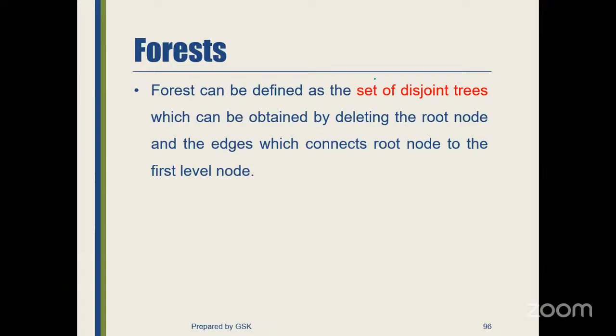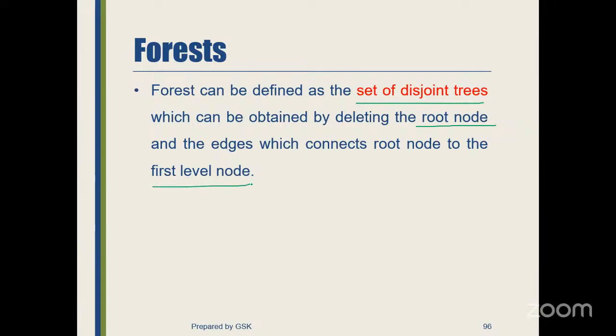Next, forests. A forest can be defined as a set of disjoint trees which can be obtained by deleting the root node and the edges which connect the root node to the first level.